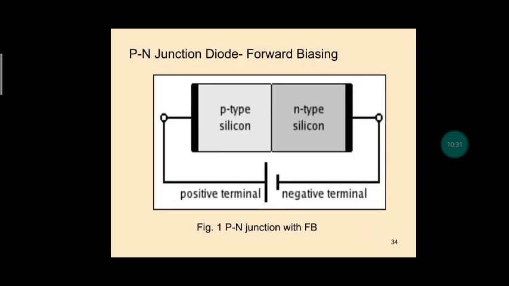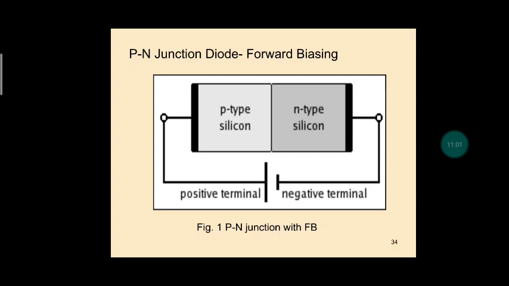So, this is forward biasing of the PN junction diode. The P-type material is connected to the battery's positive terminal and the N-type material is connected to the battery's negative terminal. Once we give supply to the PN junction diode, negative ions move towards the battery's positive terminal, positive ions move towards the battery's negative terminal.